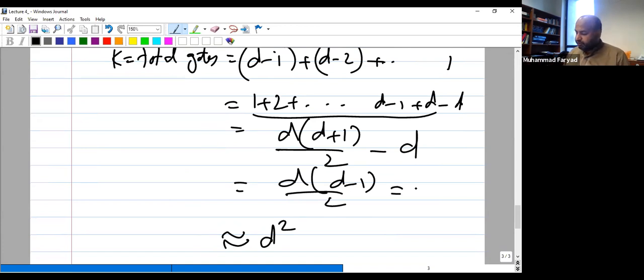I can forget this part, because this is the leading term. So the total number of gates that we need to break down a general D-level unitary into a combination of 2-level unitaries is of the order of D square.